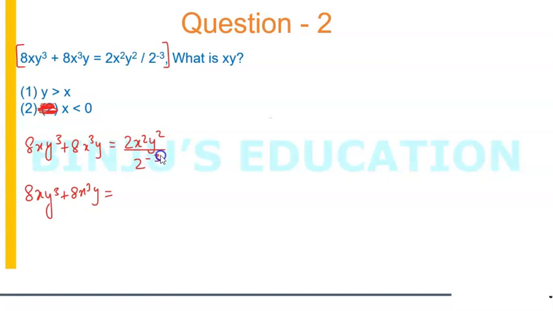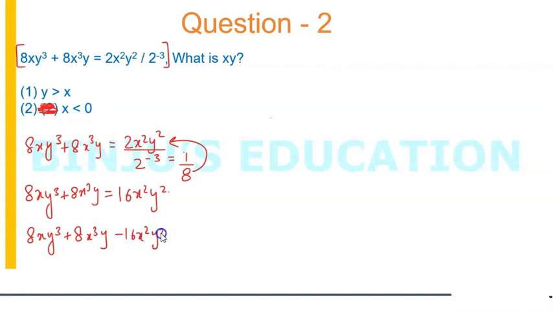So this is going to go on the top because this will become basically 1 over 8. So this 8 is going to go to the top. This will become 16x square y square. Now bringing everything on one side, 8xy cube plus 8x cube y minus 16x square y square is 0.